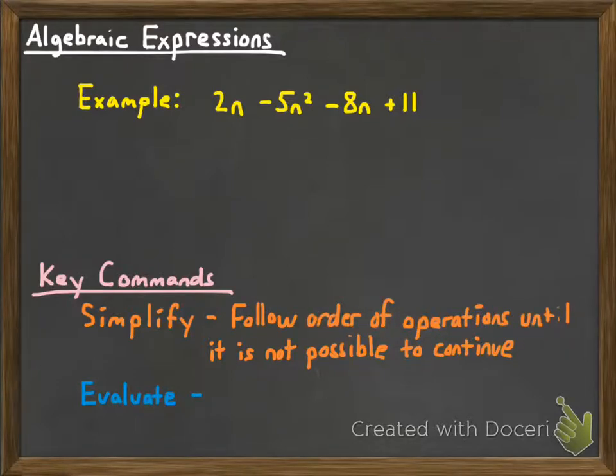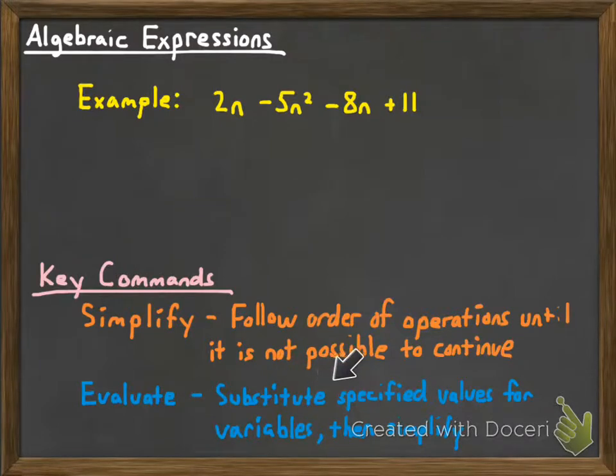Okay, when you simplify expressions, sometimes it's still going to look pretty complicated in the end if you don't have like terms that you can combine, for instance. But you just keep going through order of operations till nothing else is possible. Then when you're told to evaluate an expression, this is what it's telling you to do. You're supposed to substitute specified values for variables and then simplify.